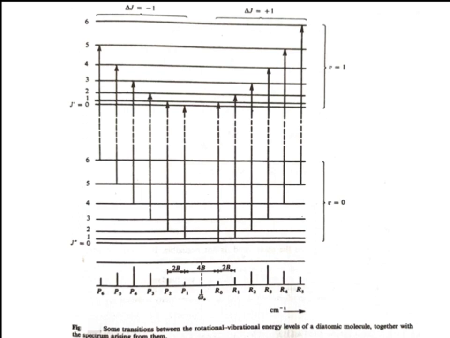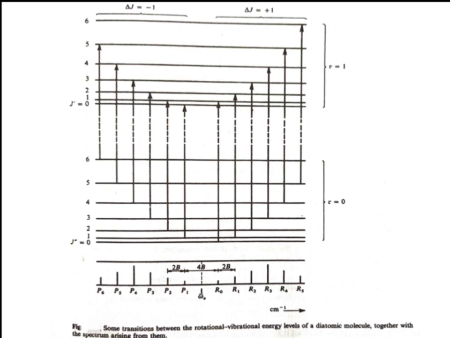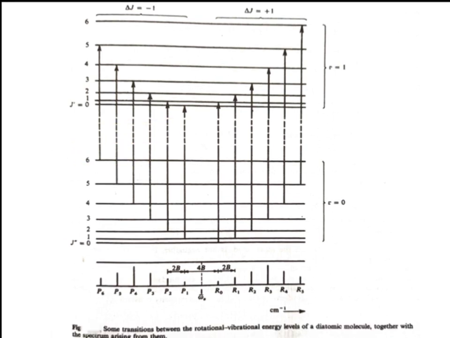So 5 minus 6 is equal to -1. The lines which show a transition difference of delta J is equal to -1 are responsible for the P branches. So all these transitions at the left side show the P branches, because for all these transitions the difference of excited state minus ground state is -1.